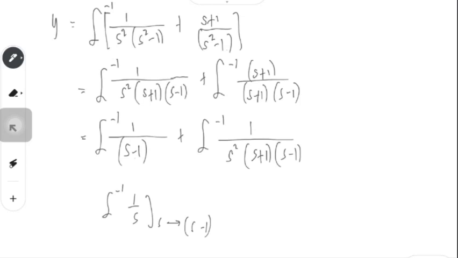Ano ba yung function of t wherein the Laplace is 1 over s? Ano yung function of t? 1. Kaya lang, hindi ba pagka gumamit tayo ng s equal to s minus a, meron tayong multiplier na e to the at.